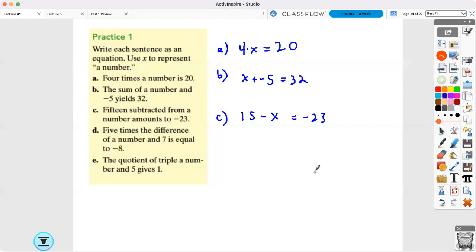Yes. Okay. Did everyone else get this too? So far, no objections. Yeah, I object. What did you get? C is x minus 15 equals 23.